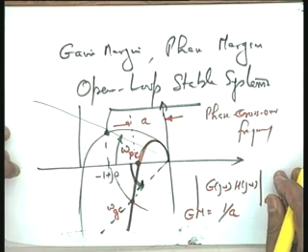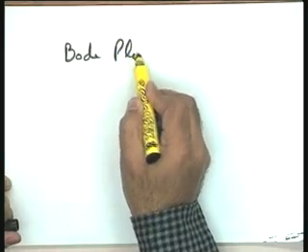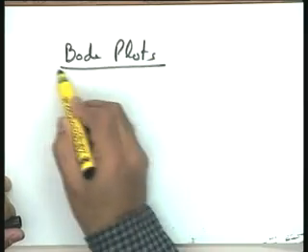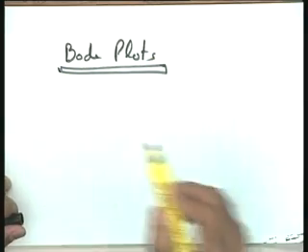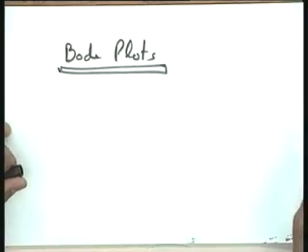Okay. Now, under the Nyquist stability criterion, the last point which is left is the use of Bode plots for gain margin and phase margin analysis, for stability analysis.